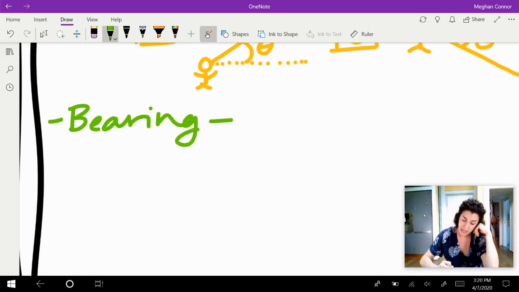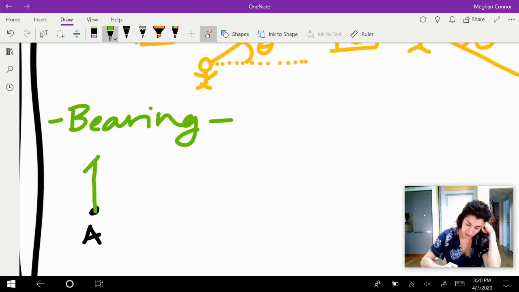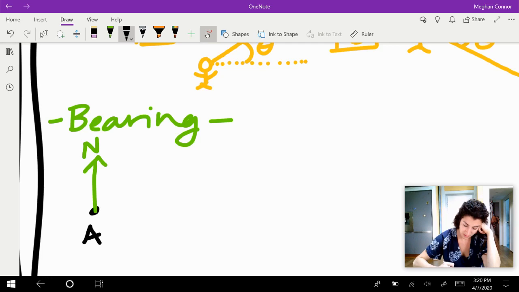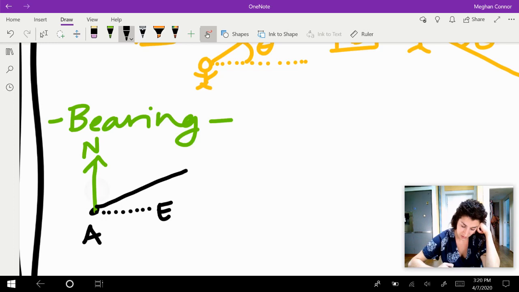So bearing is this idea of having a point and then having this due north and then an angle that comes out from it. Right? So if this is due east, then this guy would be your bearing, right?